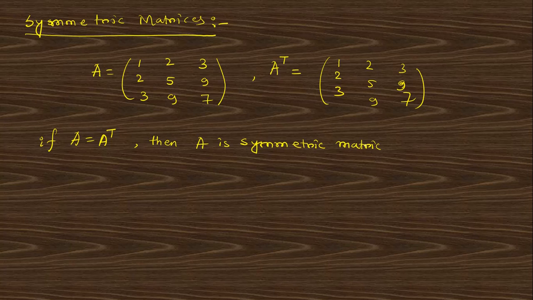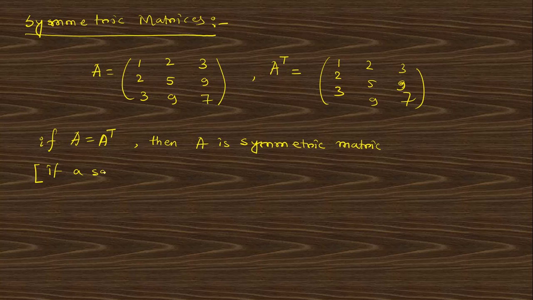So if A is equal to A transpose, that means the matrix is equal to its transpose, then this matrix, you must remember, is all about square matrices.